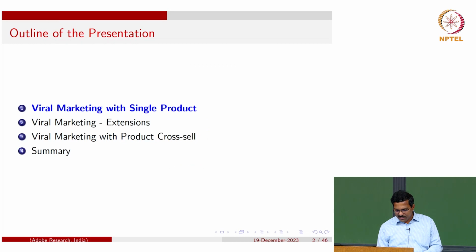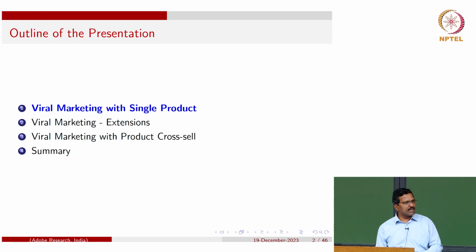This is a very extensively studied problem in network science and in social networks in general. I'll explain; there are multiple variants of this problem. Let me get started with the very simple scenario: viral marketing with a single product.